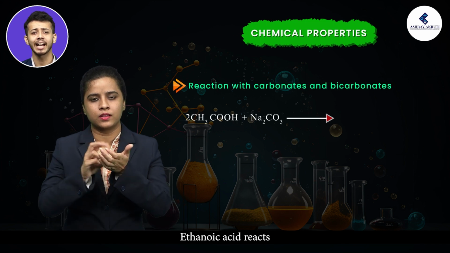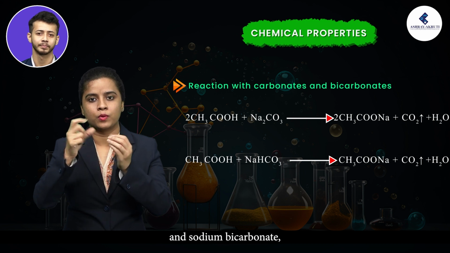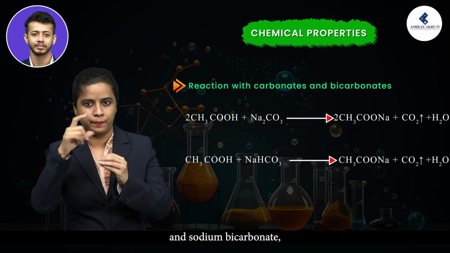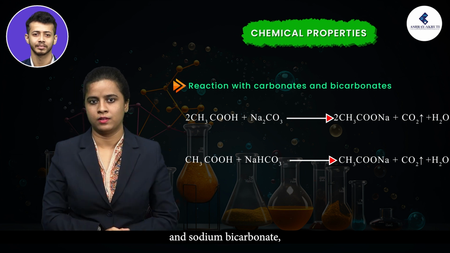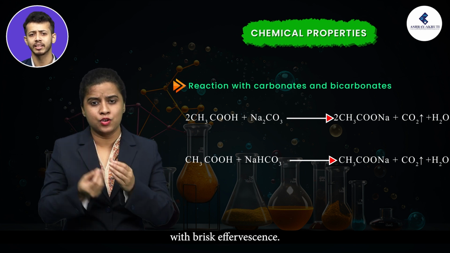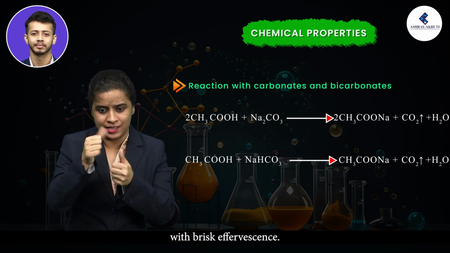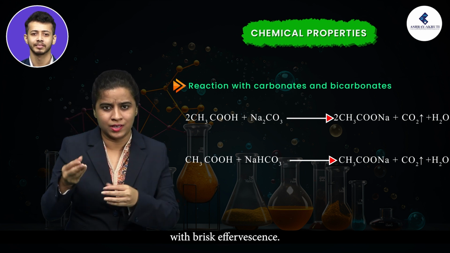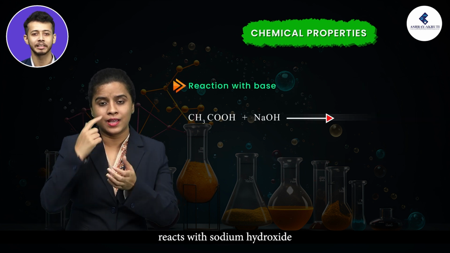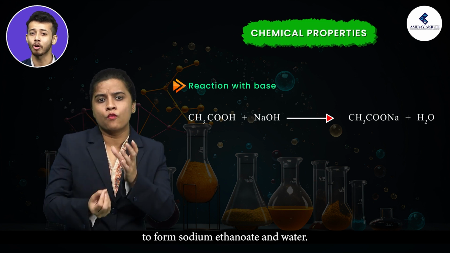Ethanoic acid reacts with sodium carbonate and sodium bicarbonate, which are weaker bases, and liberates CO2 with brisk effervescence. Ethanoic acid reacts with sodium hydroxide to form sodium ethanoate and water.